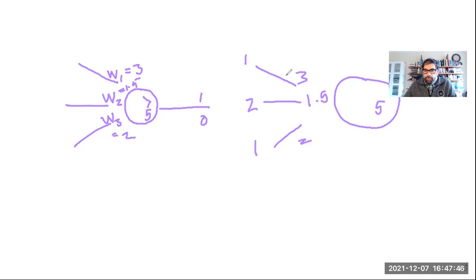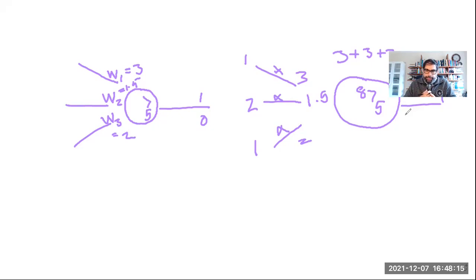So what this neuron will do is first multiply each input by its weight, and then perform the addition. So it will be 3 plus, I think it's 3 again, and plus this is 2. So it will be 8, and 8 is obviously greater than 5, so we will produce an output of 1.